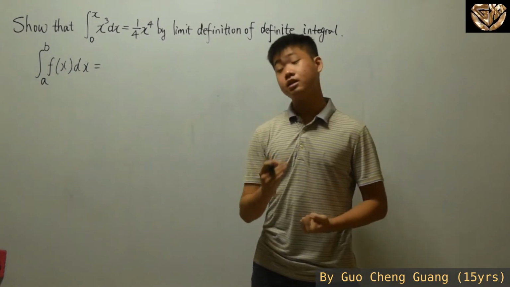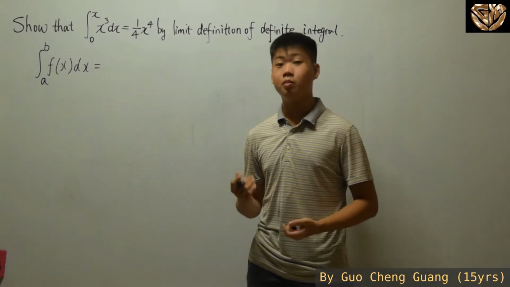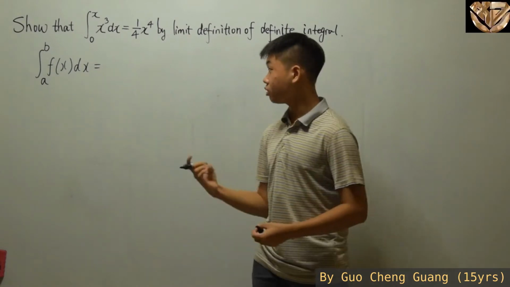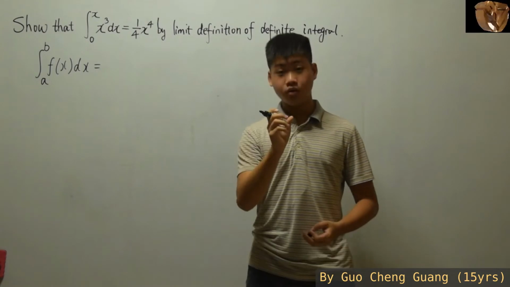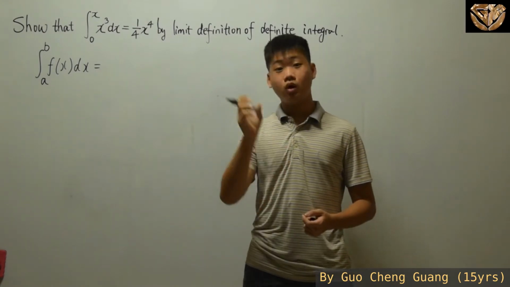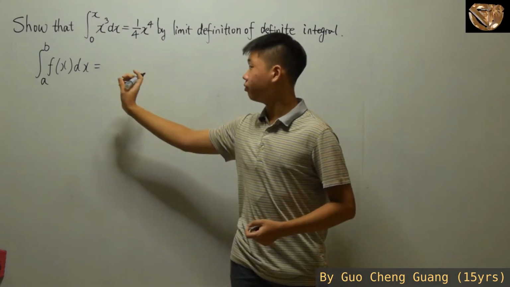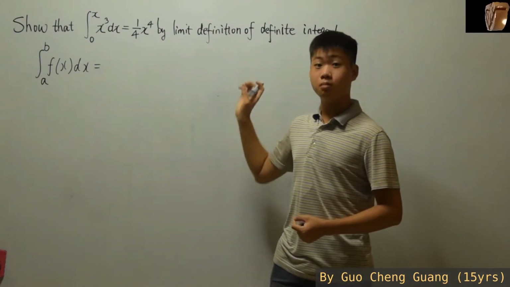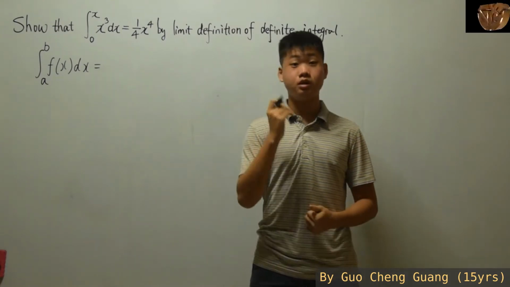I did say Riemann sums just now, but what is so special about this Riemann sum? This Riemann sum is essentially using areas of rectangles, adding them up one by one, extending from the point A to the point B.